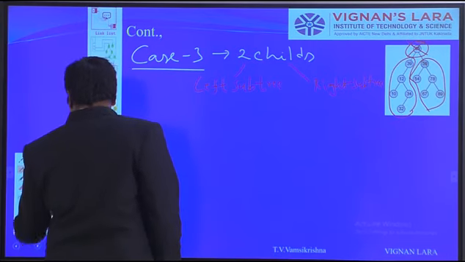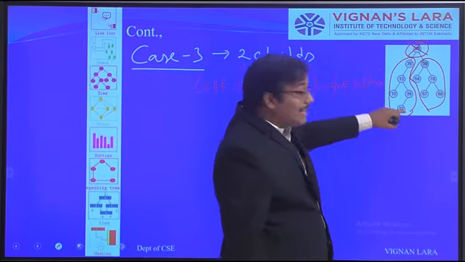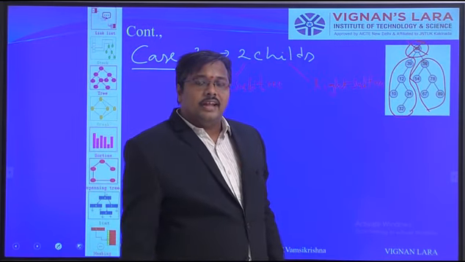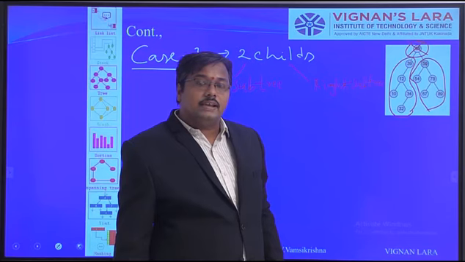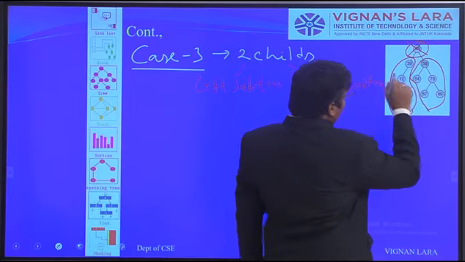Whenever we are considering the left subtree, the maximum element in the left subtree is placed in this position. What is the maximum element in the left subtree?